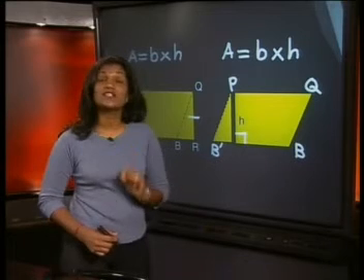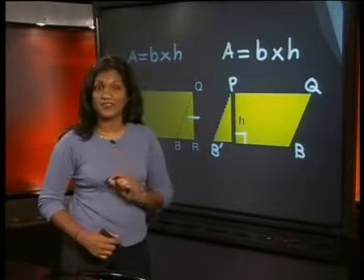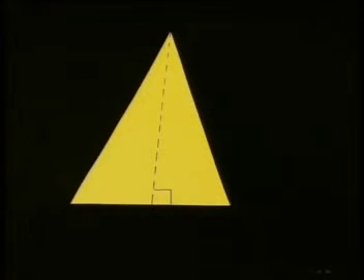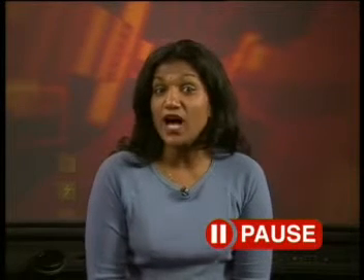Why don't we see what other shapes we can make from the rectangle? Do you think that we can change a triangle into a rectangle? Have a look here. Here's a cardboard cutout of a triangle. Why don't you make your own cardboard triangle and follow along with me?